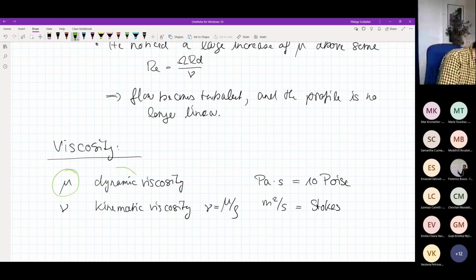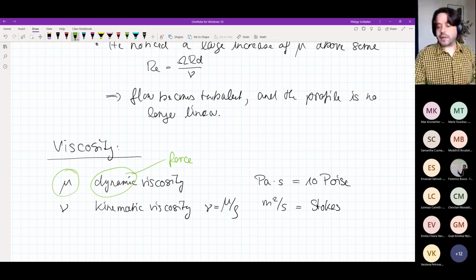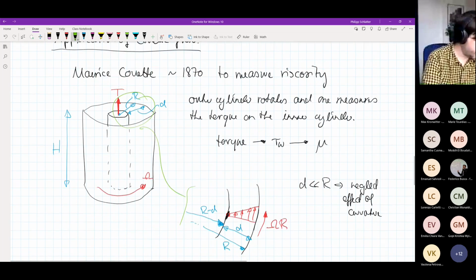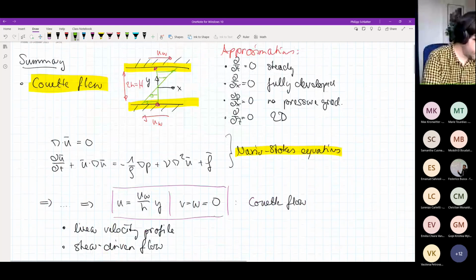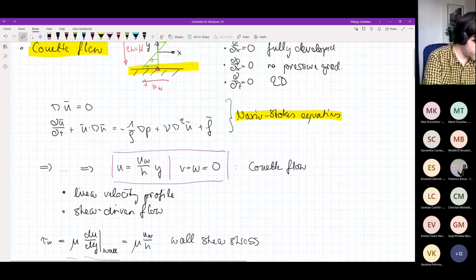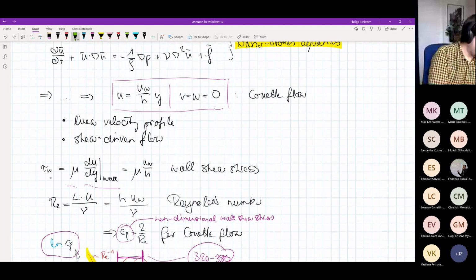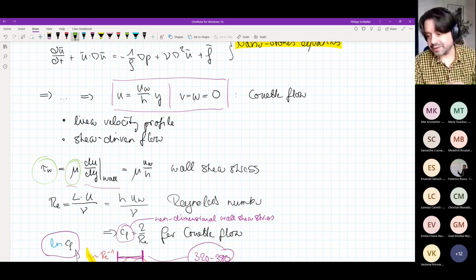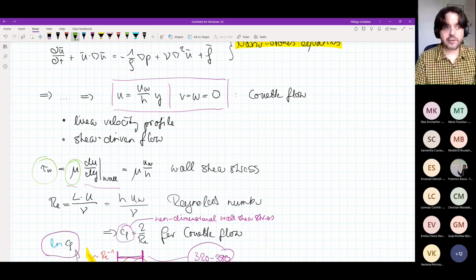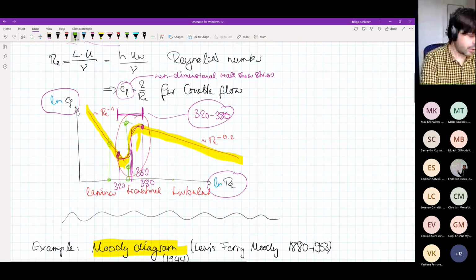And that's why it's also called the dynamic viscosity, because it is really related to the force, or the stress that comes from the fluid. So if we go back to the definition that we had in the beginning, I'm trying to find it. Yeah, here, for instance, the wall shear stress, that is mu times the gradient, or mu times the strain rate. And so that really relates to the force. That's why it's also the dynamic viscosity.